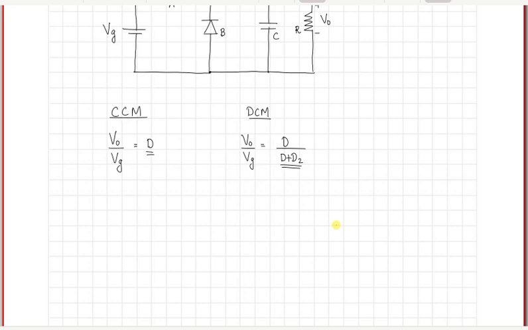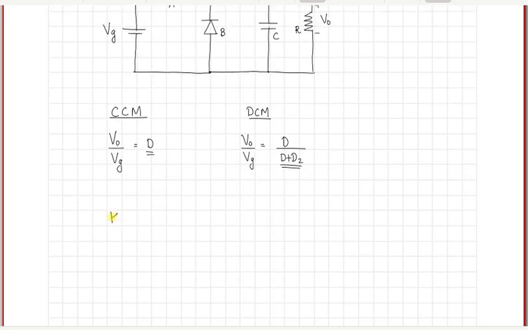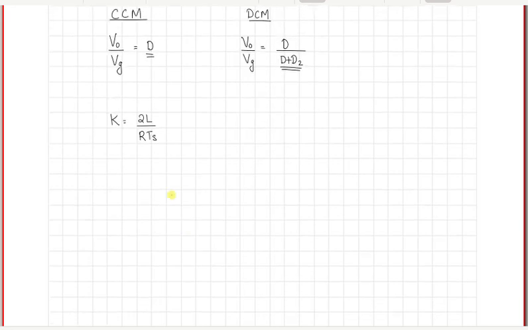And so based on this analysis, we could then define a critical conduction parameter K, which was defined as 2 times L divided by R Ts, and this parameter would then indicate the tendency of this converter to operate in either DCM or CCM. Okay.